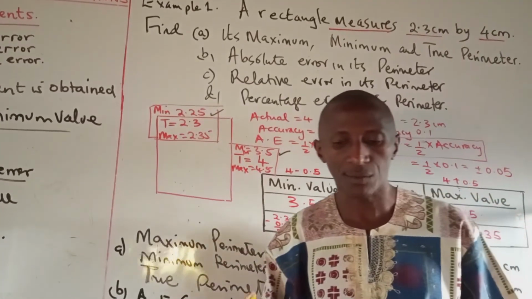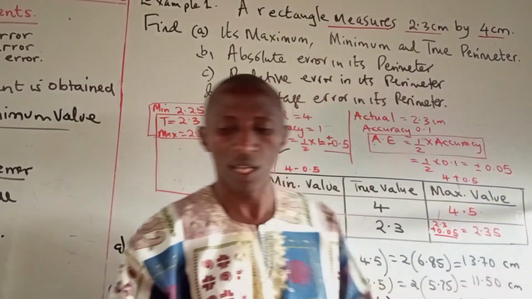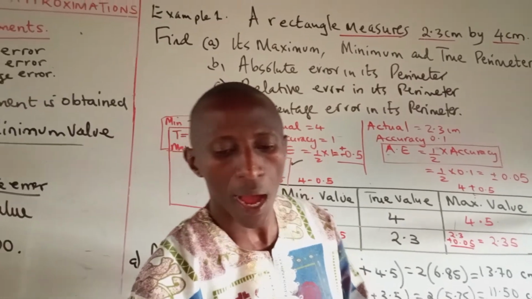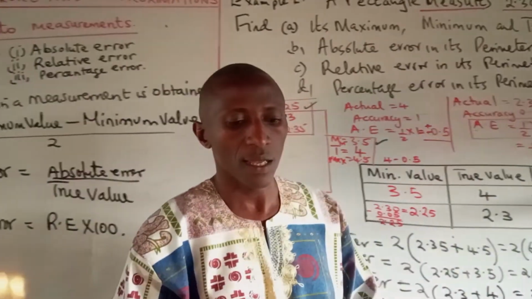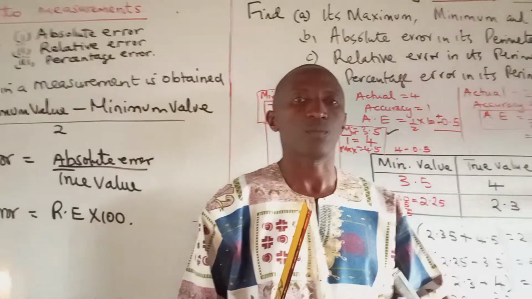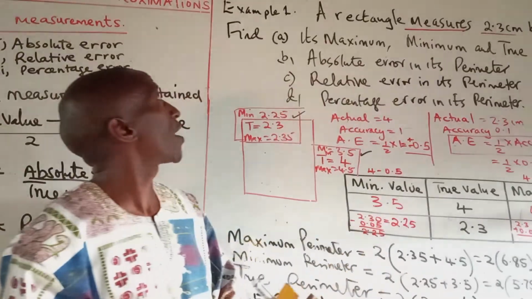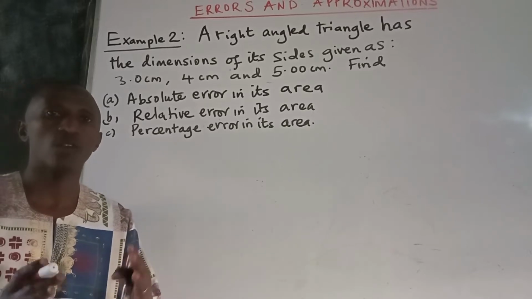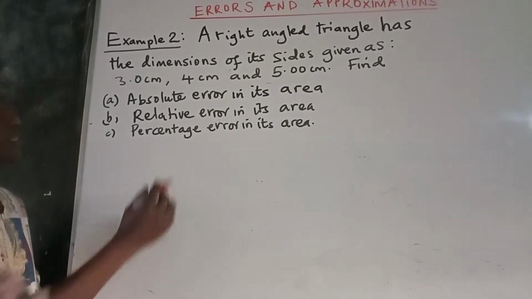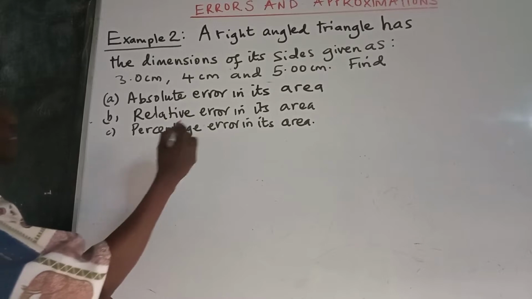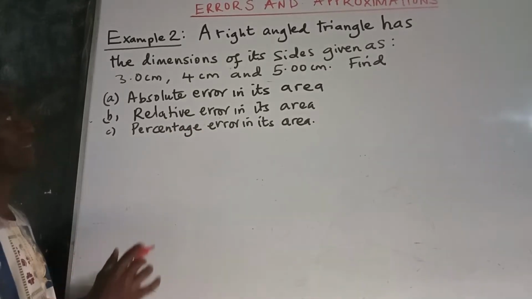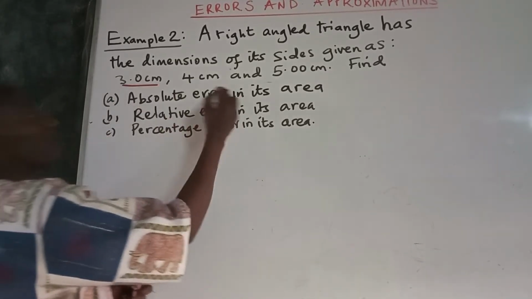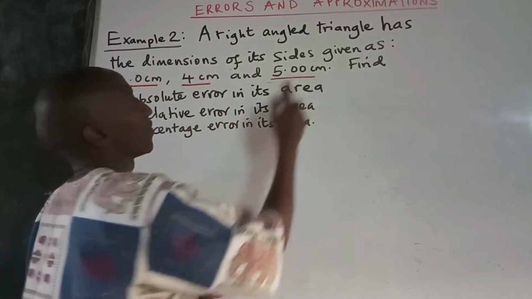Next, we look at a question that deals with errors in division. Let's look at example number 2. In example number 2, we look at a right-angled triangle that has the dimensions of its sides given as 3, 4, 5.